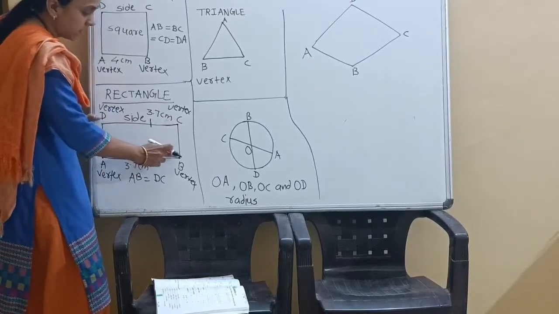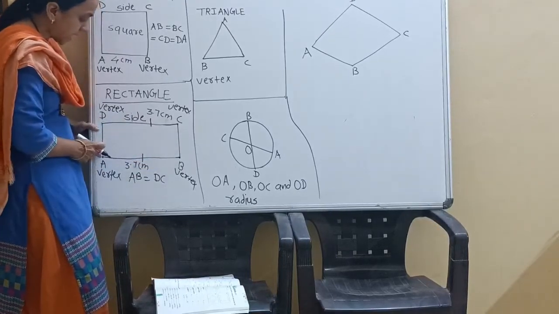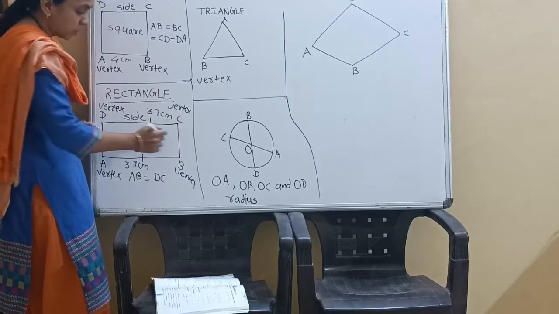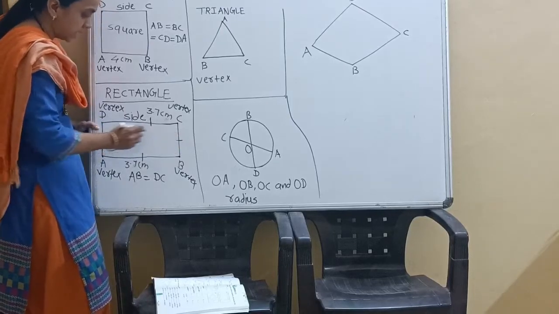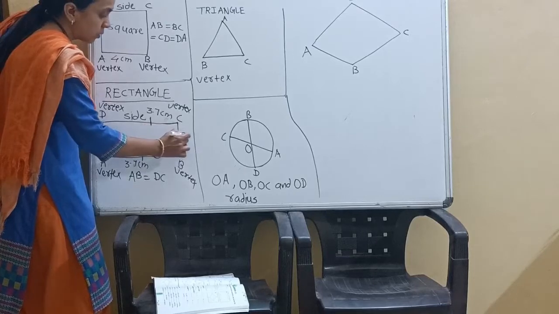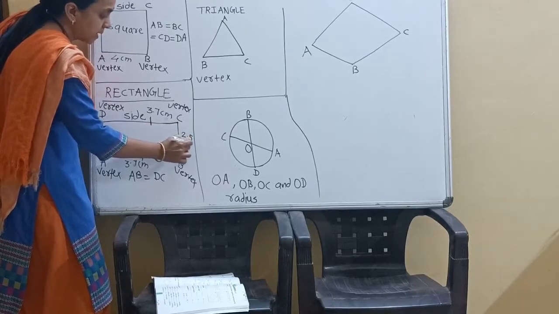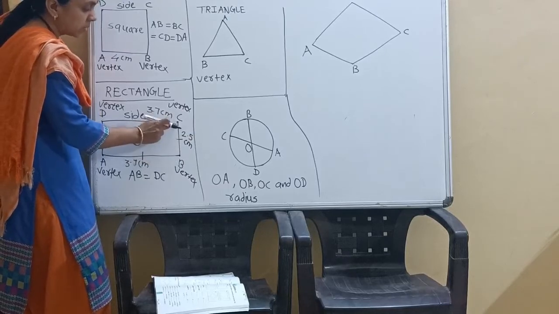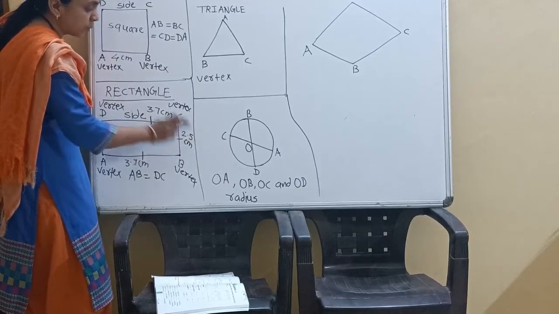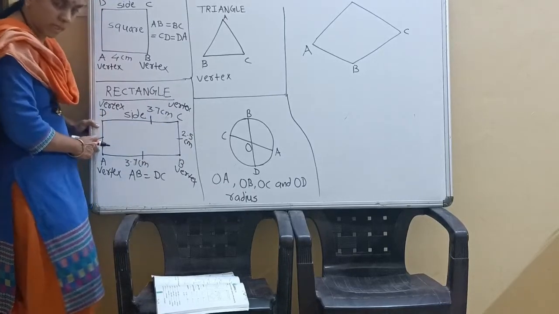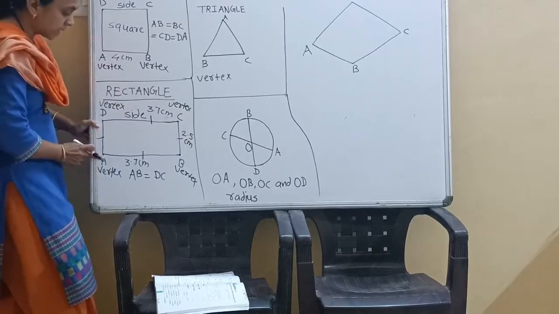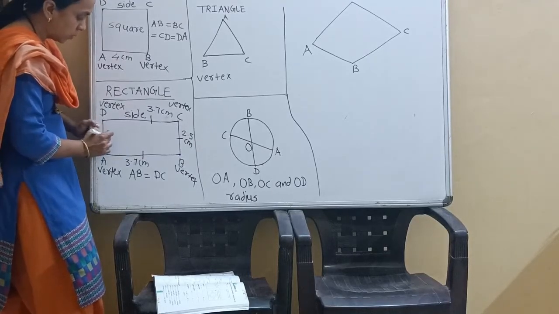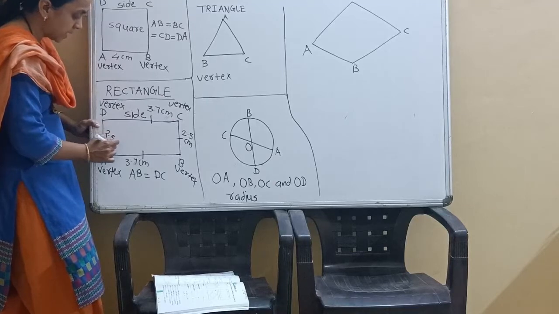Now see side BC and side AD. Suppose we have to draw BC, and the measurement of BC is 2.5 centimeter. So definitely we have to draw this side AD of 2.5 centimeter.